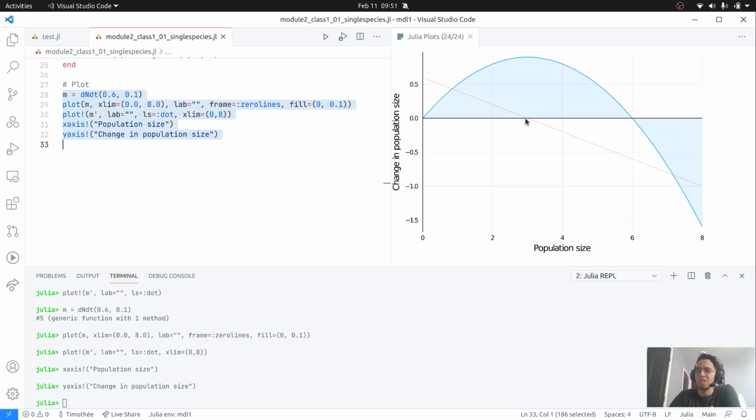So we know the population is growing, but we also know that it is accelerating, because this value is positive, and so the change is itself changing positively. At this point, we are crossing 0, and then the second order derivative becomes negative, and that means the growth is slowing down, up until the point where we reach 0.